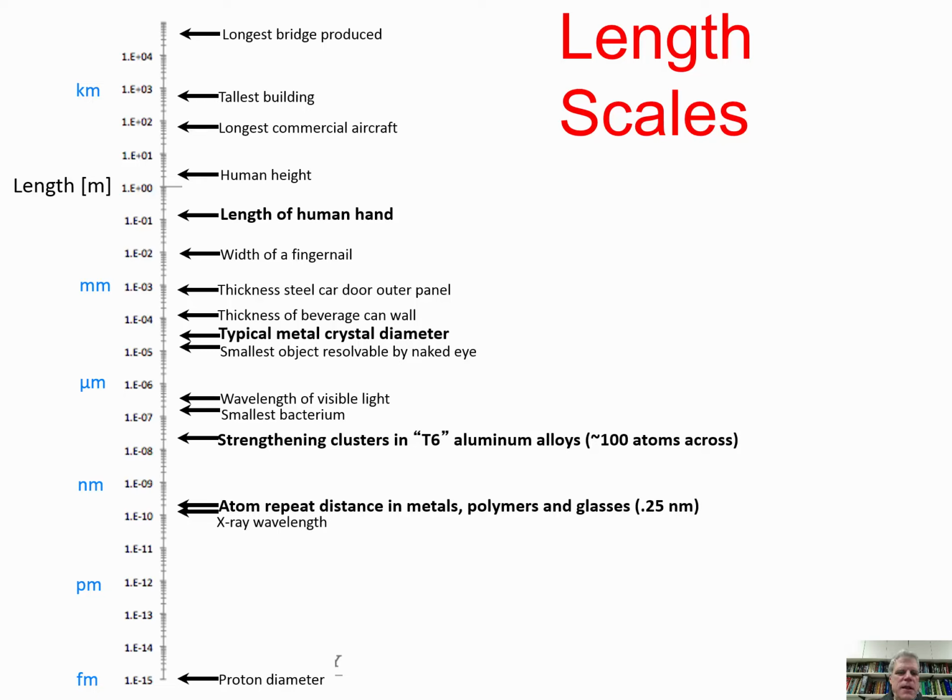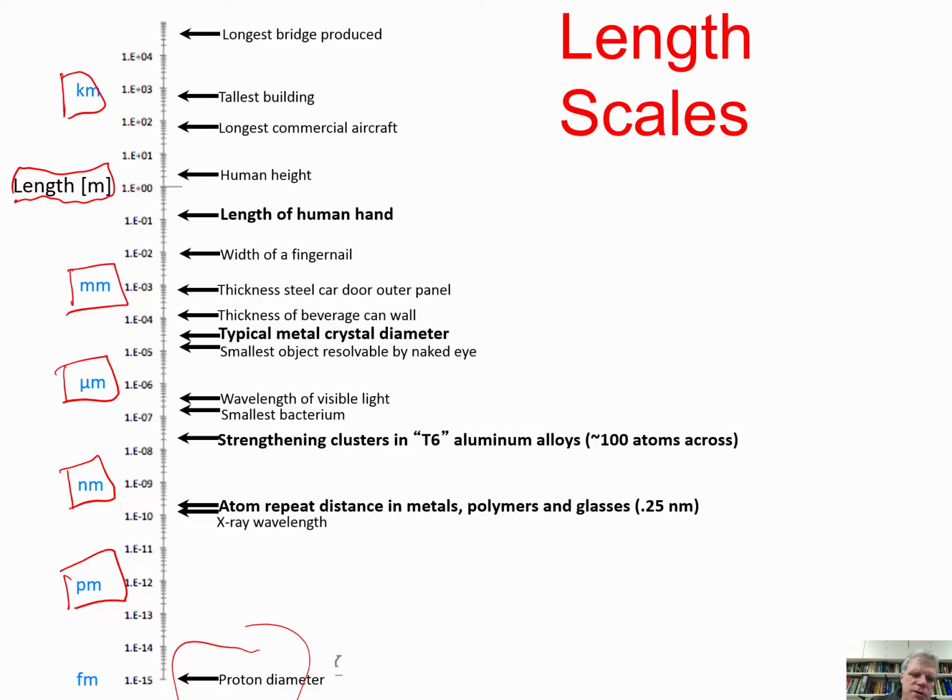So again, if you think about length scales, remember in the metric system we usually do things in factors of 1,000. If we start with our base unit as a meter, 1,000 meters is a kilometer, a 1,000th of a meter is a millimeter, a 1,000th of a millimeter is a micron, a 1,000th of a micron is a nanometer, a 1,000th of that is a picometer, and then you get down to femtometers, and not much happens down here.